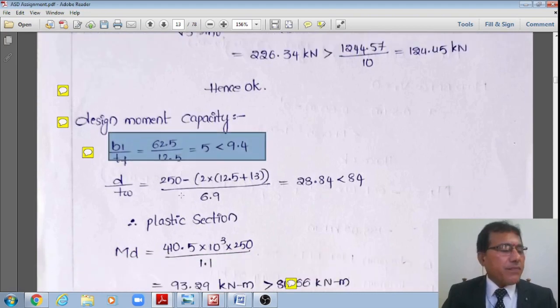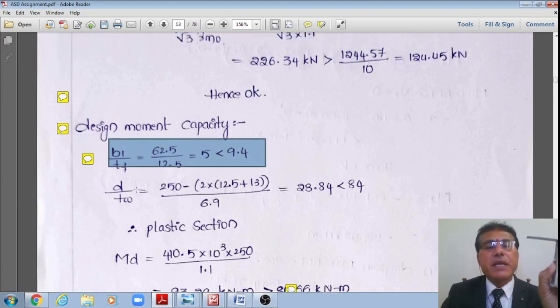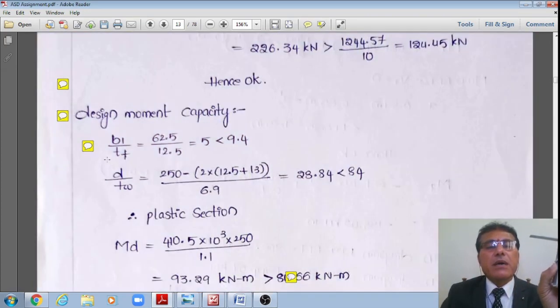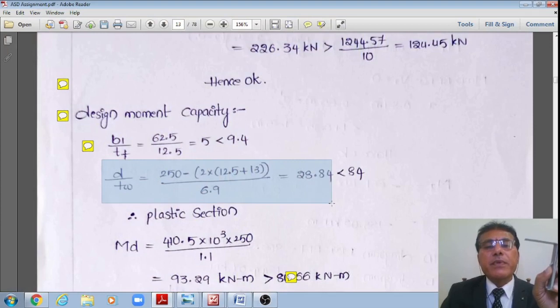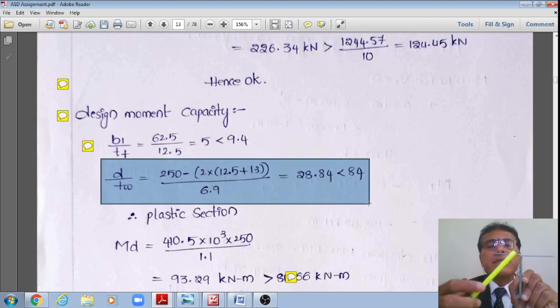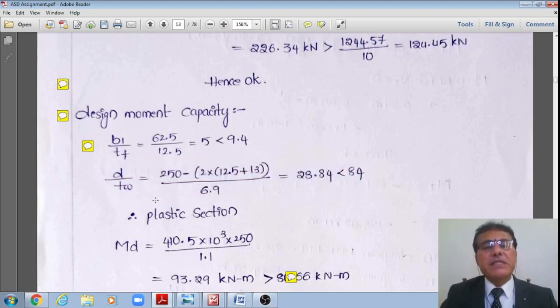Hence, the flange is plastic. Similarly, d by tw: 250 minus 2 multiplied by (12.5 plus 13), divided by 6.9, is equal to 28.84, which is also less than 84, meaning the entire web is also plastic. Hence, the entire section is a plastic section.